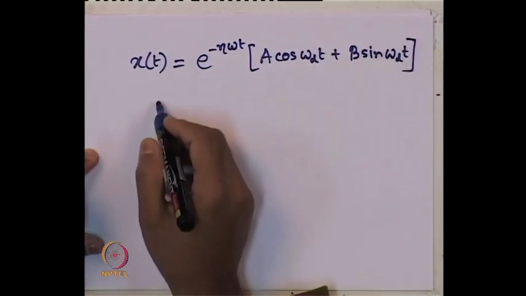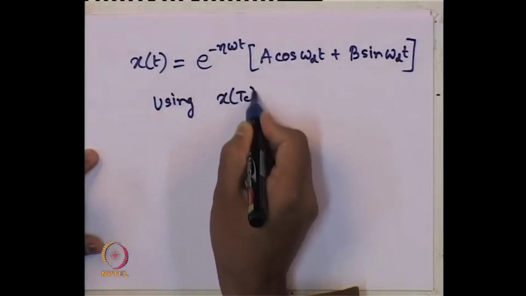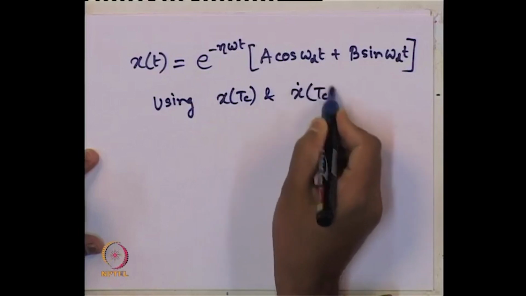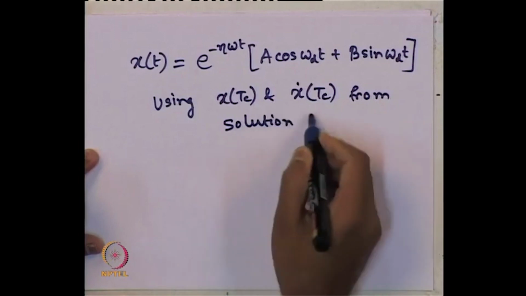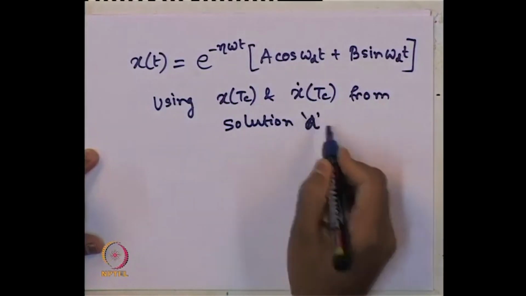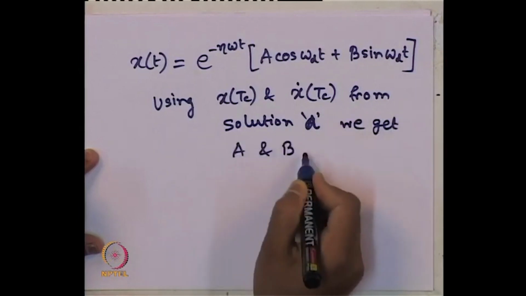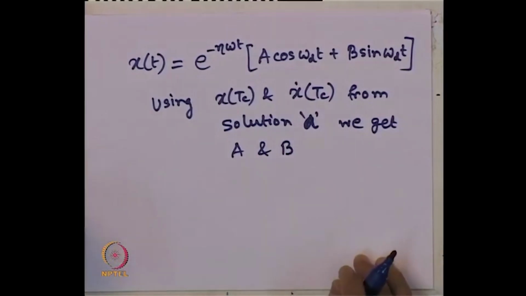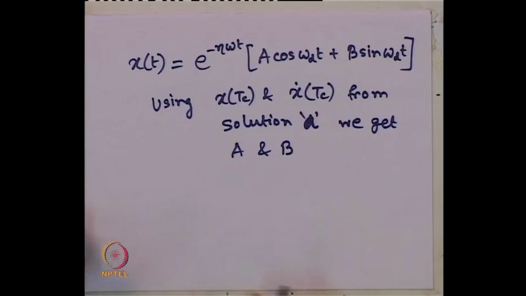We can easily get A and B using the initial conditions x of T c and x dot of T c from solution A. That finally gives us the total solution. Numerically or analytically we can compute it easily by putting these values in. So, the complete analytical solution is available to us.